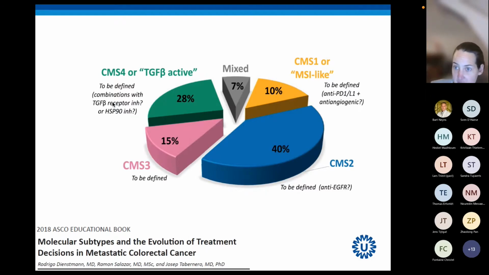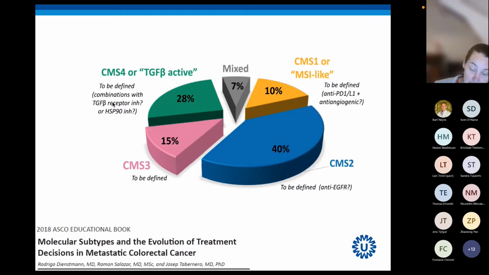So CMS1 is the MSI-like. Well, MSI predicts response to immunotherapy, but it's not clear whether you should extend that to CMS1 subtype and whether the MSS CMS1 patients will also respond to immunotherapy. It's likely not.